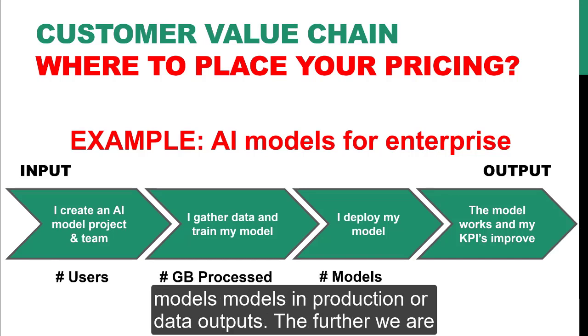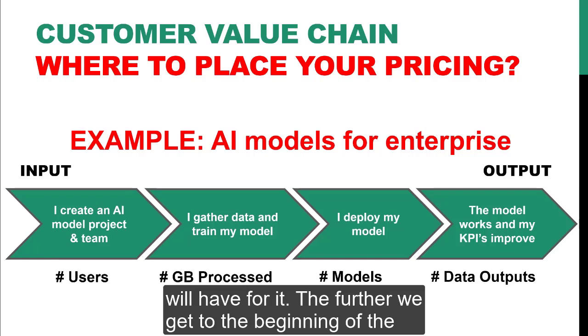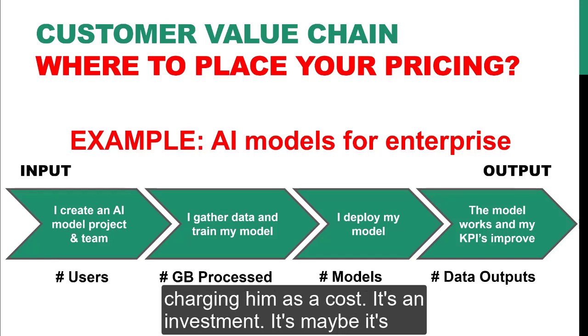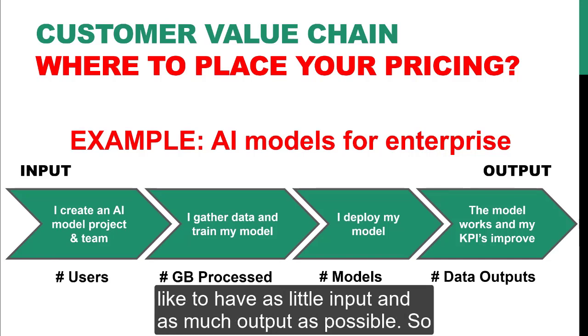It could be models in production, or data outputs. The further we are to the output end, the more demand the customer will have for it. The further we are to the beginning of the value chain, the more the customer will look at what we're charging them as a cost. It's an investment. Maybe it's necessary, but it's still not something I'd like. I'd like to have as little input and as much output as possible.